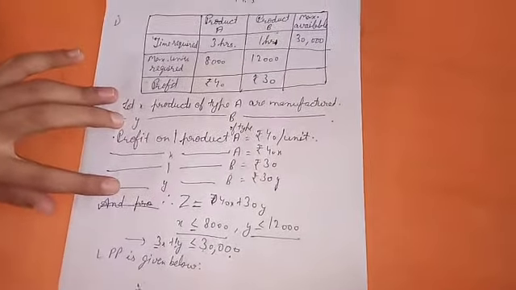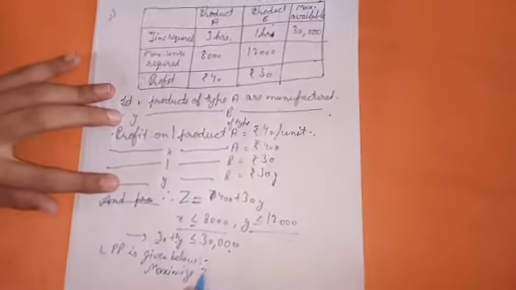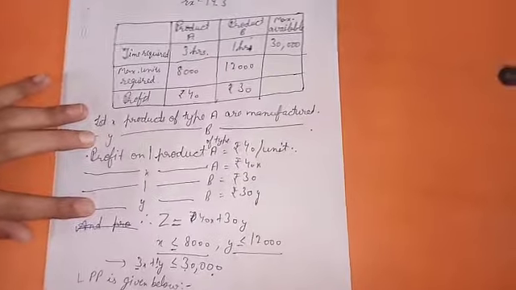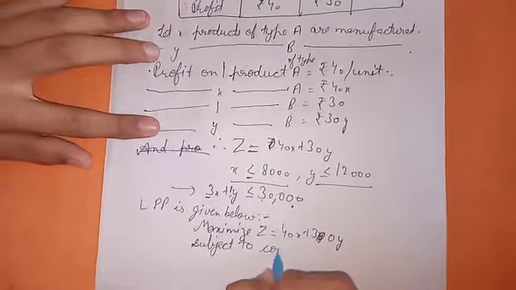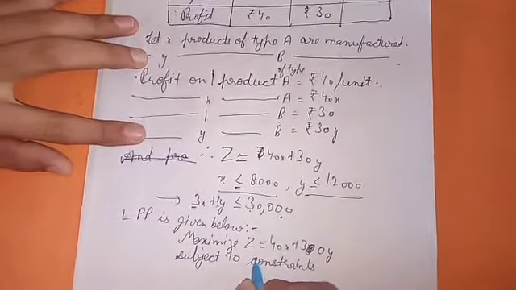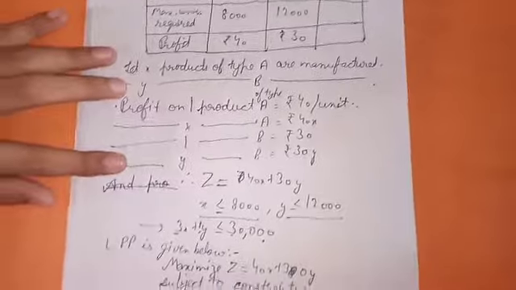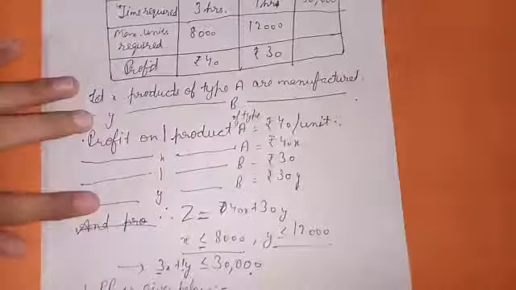Maximize Z equals 40x plus 30y, subject to constraints: 3x plus y must be less than or equal to 30,000, x should be less than or equal to 8,000, and y should be less than or equal to 12,000.